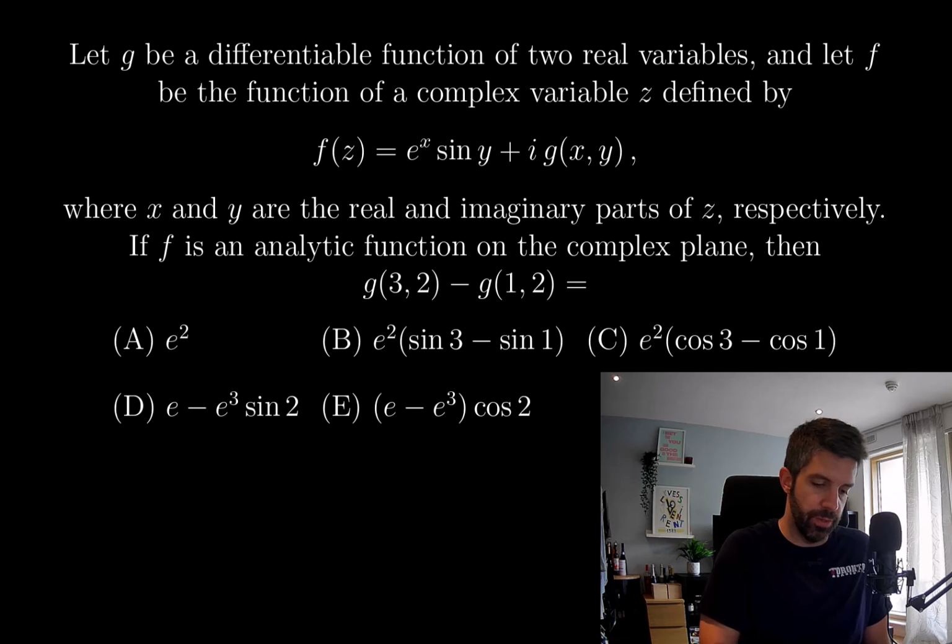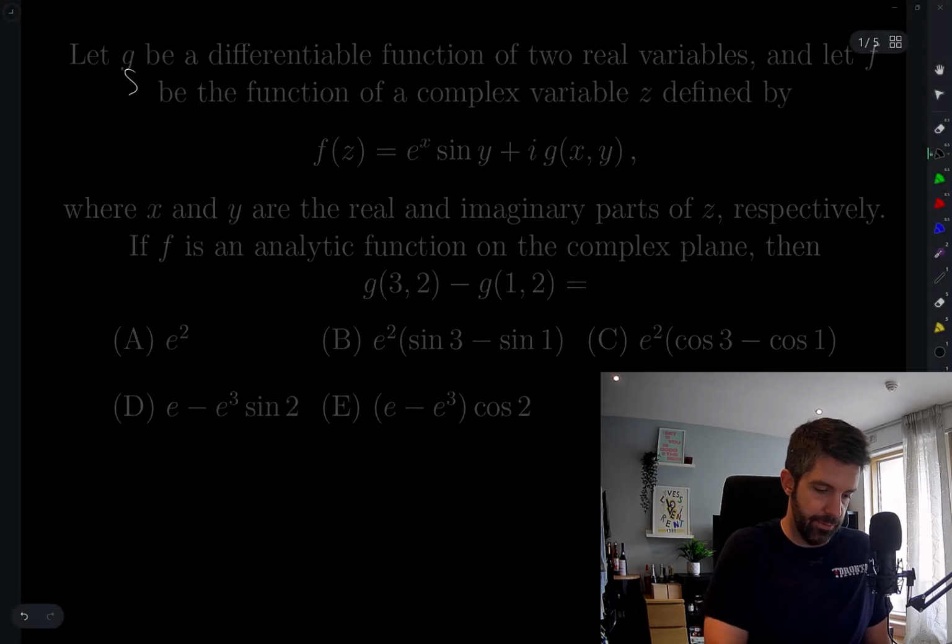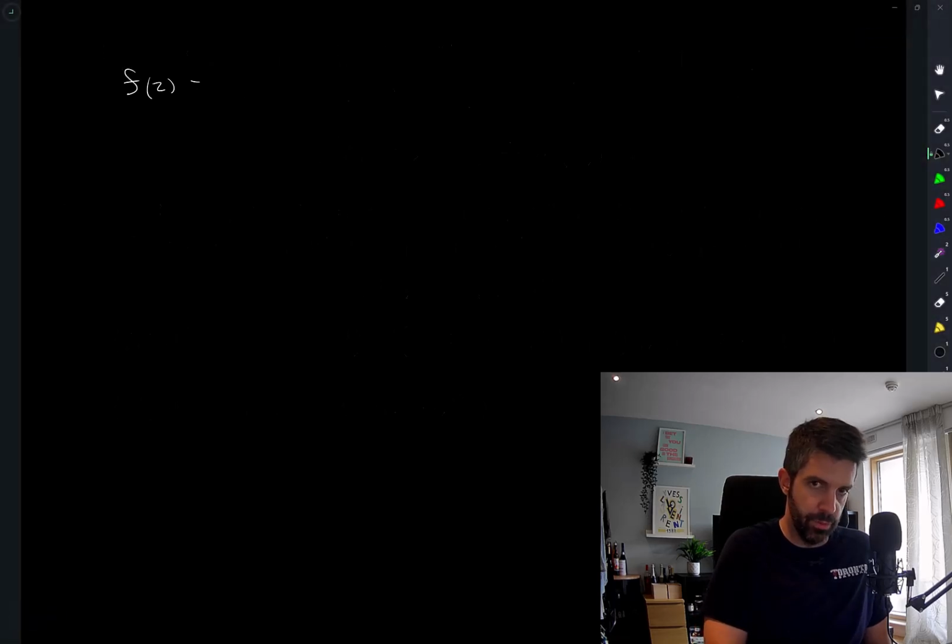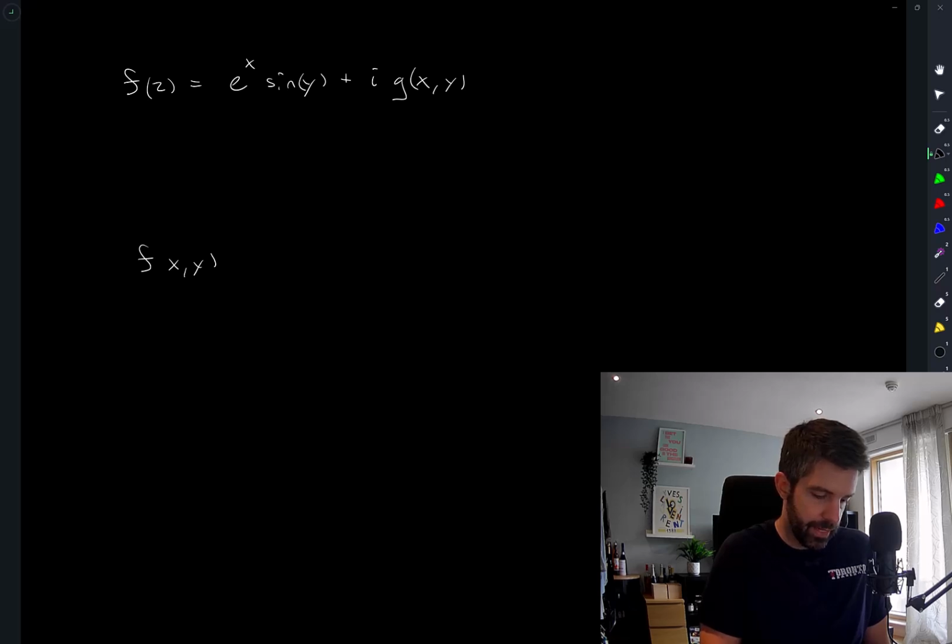So let's start with what we're given here. We have f of z is equal to e to the x sine y plus i g of x y. So in general, if I have f, let's just say f of x y is equal to u of x y plus i v of x y.